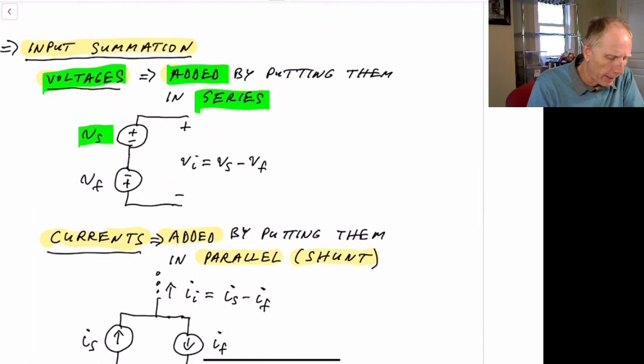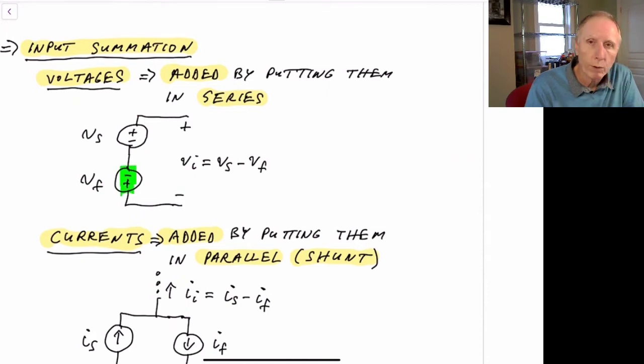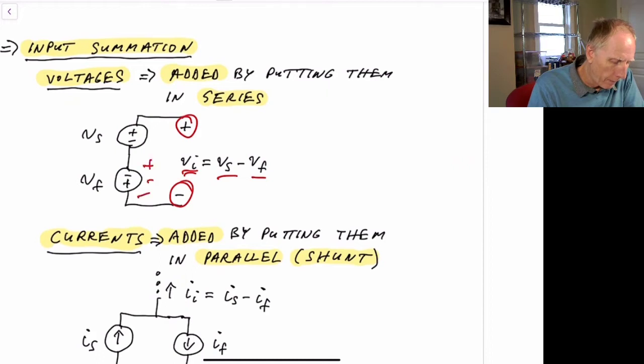In other words, if I have a V sub S and a V sub F, a voltage here which is V sub S, and another voltage which is V sub F. If you notice, I've actually made the positive and negative reversed here, so that when we put these two in series the way they're shown here, then if I look at the voltage from here to here, that voltage is V sub I, which is the source voltage minus the feedback voltage, because we have a minus V sub F here and a positive V sub S here.